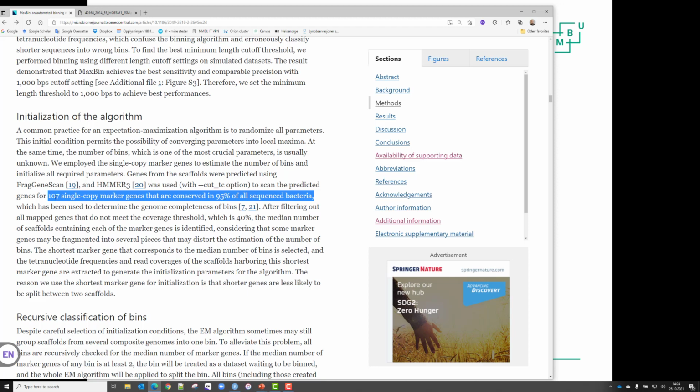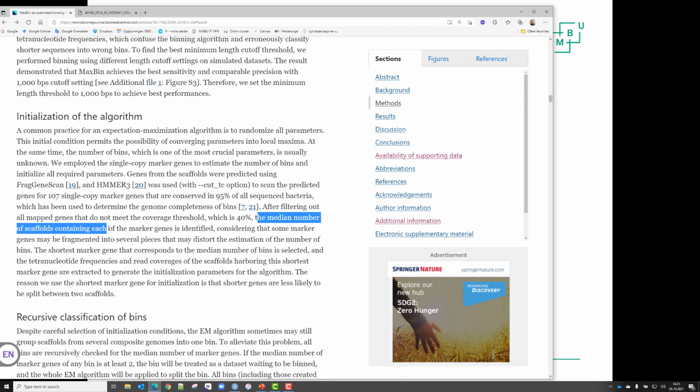And this, of course, means that if we now find a number of copies of these genes, this number of copies is a proxy for the number of genomes, because we know that each genome has one each, right? If we believe in this statement here. And this is exactly how they do it as well. So they say that, let me see, yeah, the median number of scaffolds containing each of the marker genes is identified.